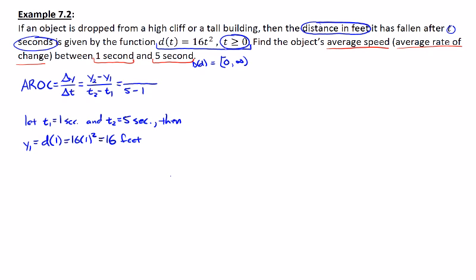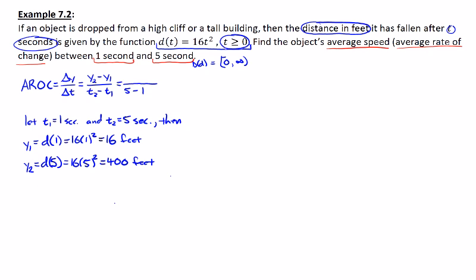I can do the same thing for y2. y2 is going to correspond with t2. I can calculate that as the distance at time 5. So d of 5, 16 times 5 squared, and that will eventually get us 400 feet for that calculation.